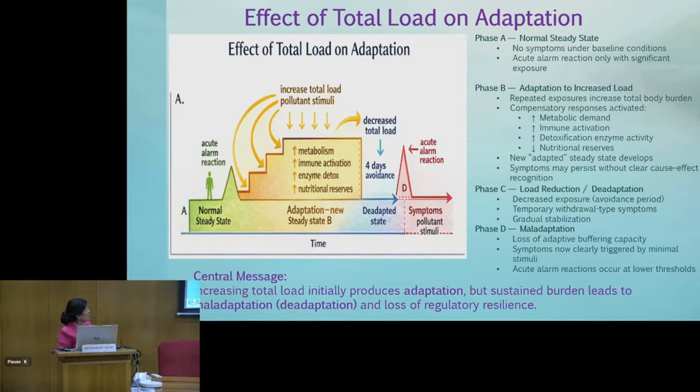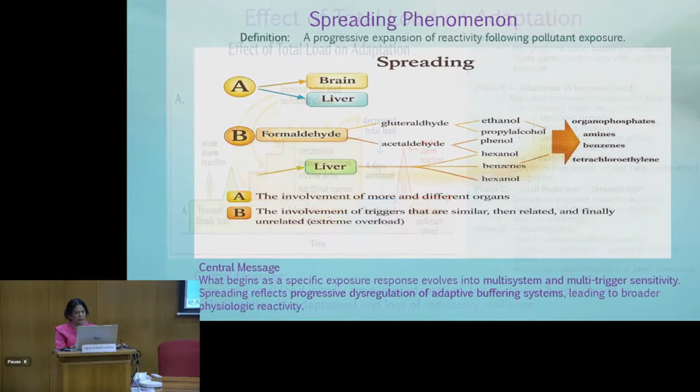Now, if these chronic noxious stimuli become persistent, then you enter the phase of maladaptation. So increasing total load initially produces adaptation, but sustained burden leads to maladaptation and loss of regulatory resilience.